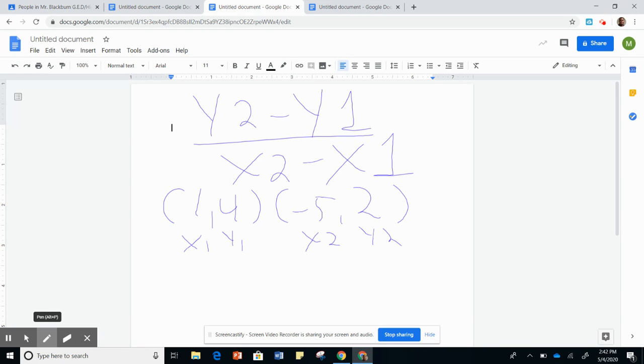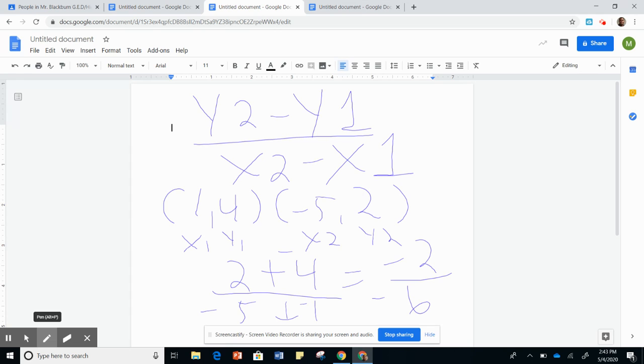So y2 is going to be 2 minus y1, 4, all over x2, -5, minus x1, 1. So 2 minus 4 changes this to addition. The 4 changes to negative, and that's going to be a -2 over -5, change to addition, change the 1 to a negative. -5 plus a -1 is a -6, and we have to reduce that.